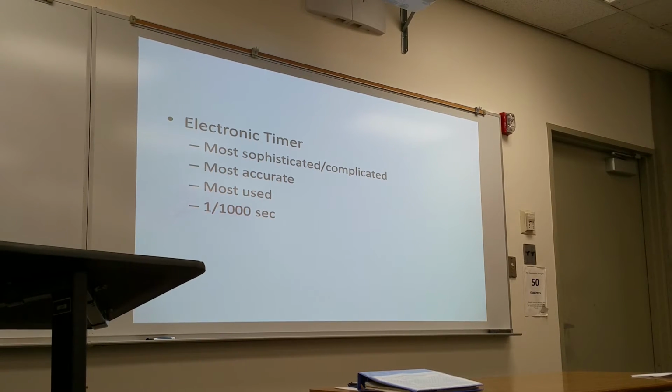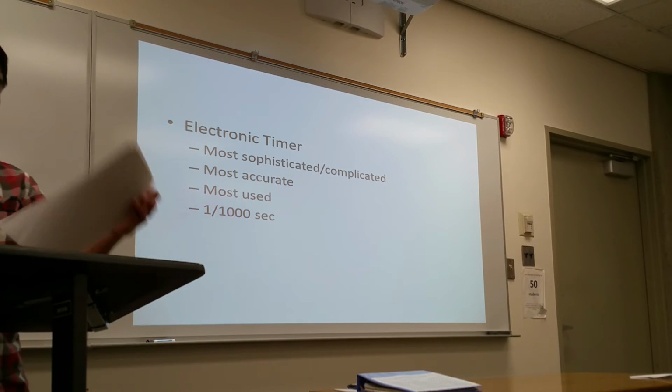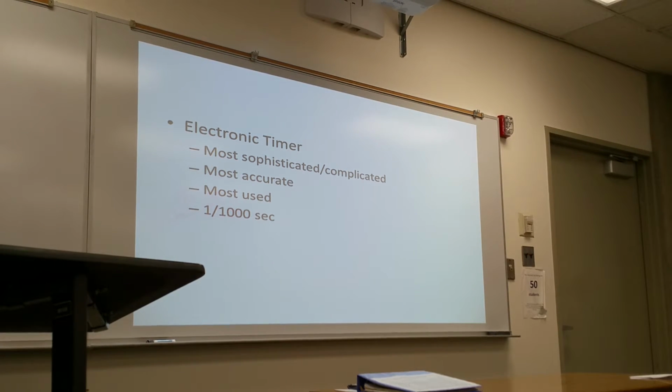And then we have the electronic timer. This is the most accurate type of timer, and the most complicated to build, so it's the most expensive. But the advantage is that it's the most accurate, and it's often used in X-ray imaging systems today.